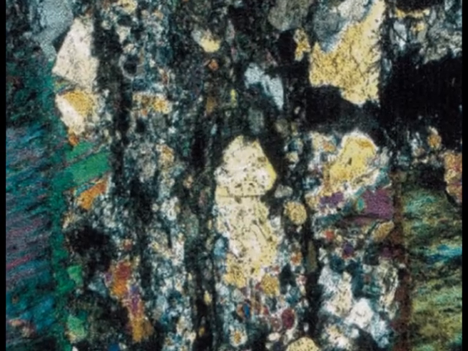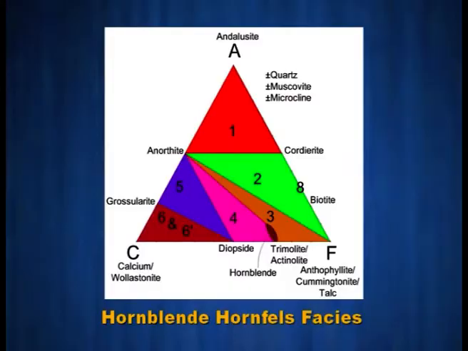If we compare the other basic assemblages, the basic Hornfelsic assemblages particularly in Hornblende Hornfels facies, we can see diopside, hornblende, plagioclase; diopside, hornblende, plagioclase, chlorite, biotite, plus or minus quartz.